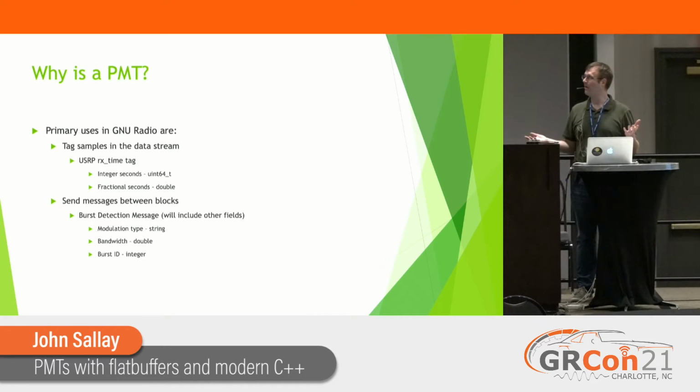So I alluded to this a little bit, but why do we use PMTs in GNURadio? There's two primary uses that I'm aware of. The first is we want to tag samples in the data stream. A really good example of this, many of you are probably familiar with, is when you're using a USRP, you'll get an rx_time tag.